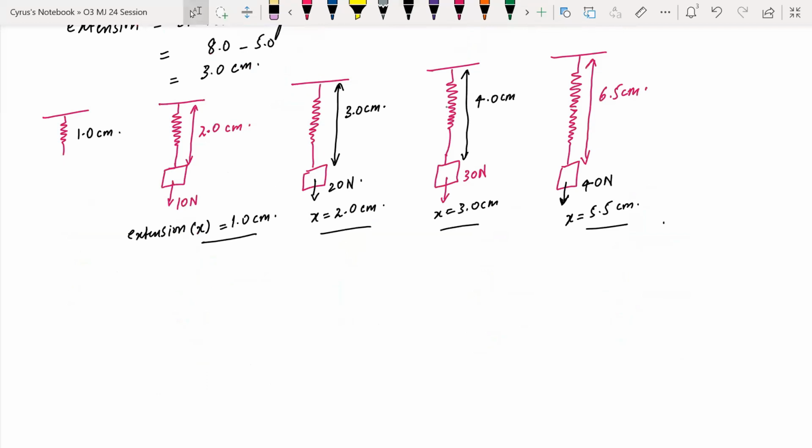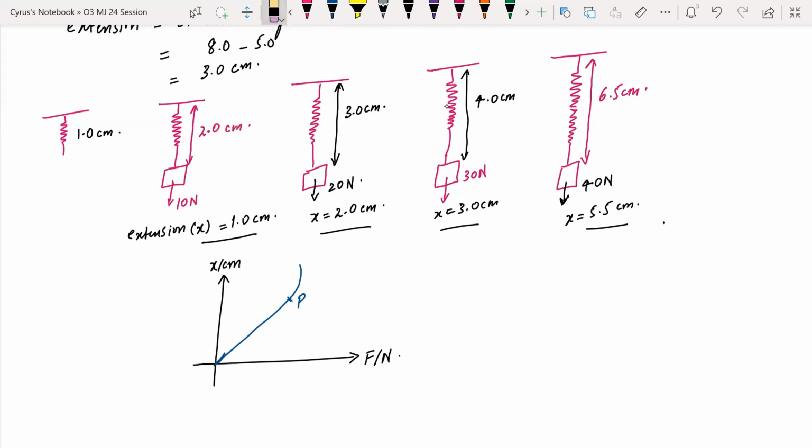And if we draw a graph here of extension and force, the graph is going to look like this. We have extension on the y-axis and force on the x-axis, and it goes like this. A straight line, then it bends towards the extension axis, right? This point here is where it has bypassed the limit of proportionality. So this point is known as the limit of proportionality P, right?